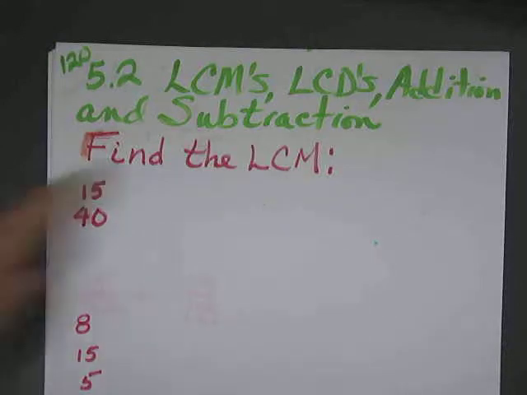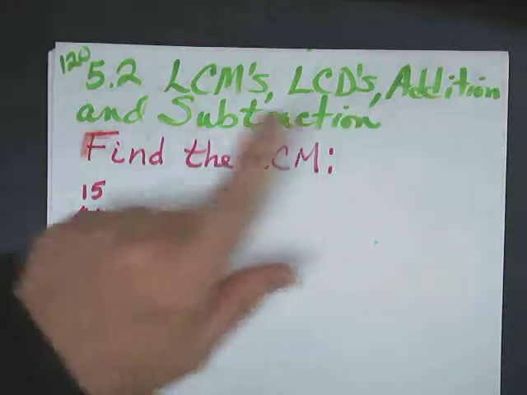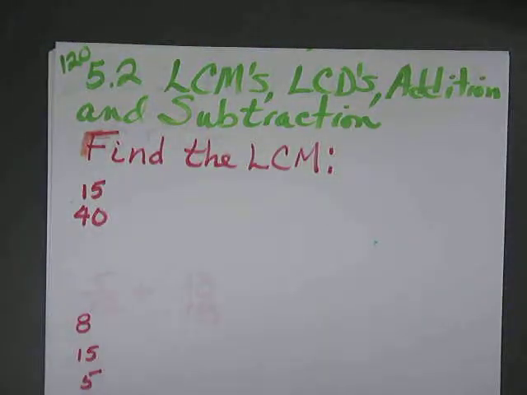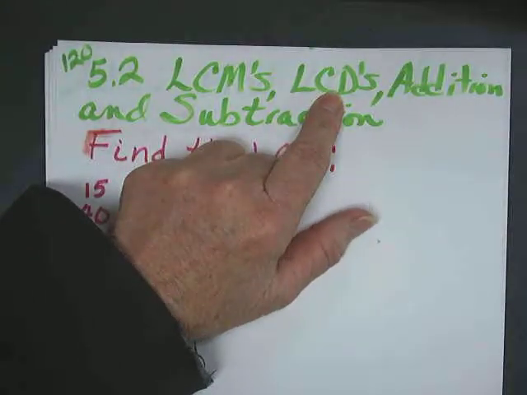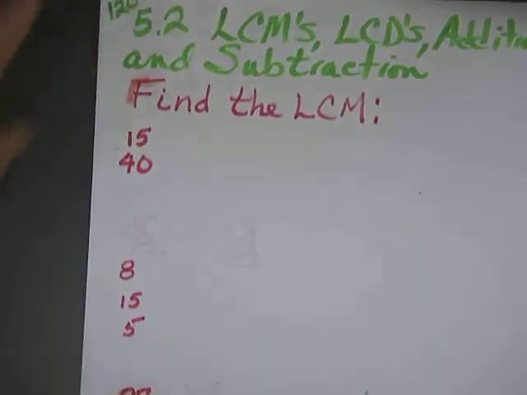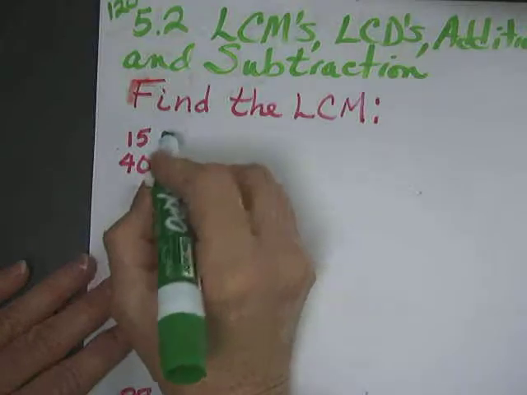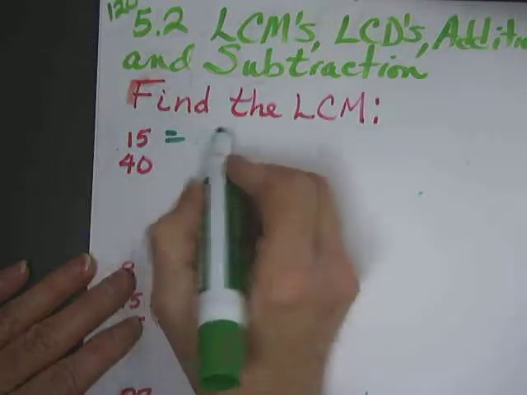Okay, 5.2. LCMs, that's least common multiples, least common denominators, adding and subtracting, because you have to have a common denominator to add or subtract fractions. LCM of 15 and 40. There's a 5 in common, but we're not simplifying. 15 is 5 times 3.